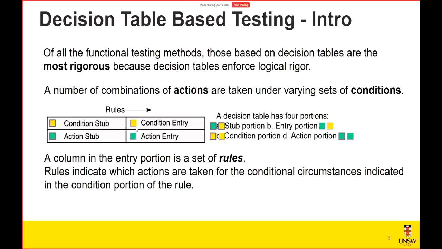And the input is represented by a condition entry, and the output of the program is represented by an action entry. So basically, rules are like the indicators of which actions are taken by the program under which conditions.